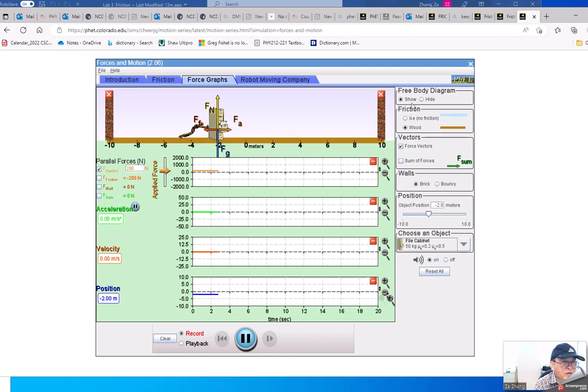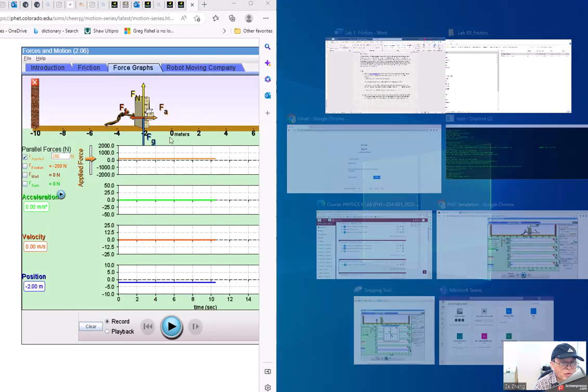You can see the force is stronger, 200, but there is 200 friction force to cancel it, so it's still not moving. And then of course at the same time, you would put all this data in the lab report.